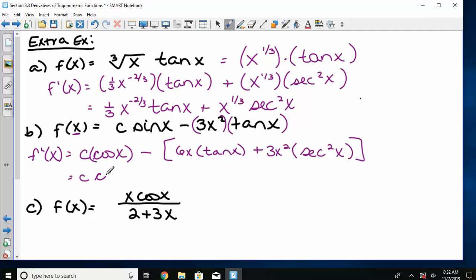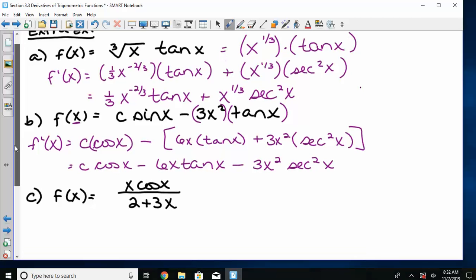So we get C cosine x minus 6x tangent x minus 3x squared secant squared x. And that's our final answer. It's just like, you know, when you do the derivative of the 3x, the 3 was just constant and we just trailed it along. So same idea.